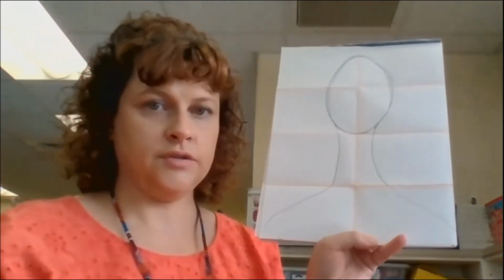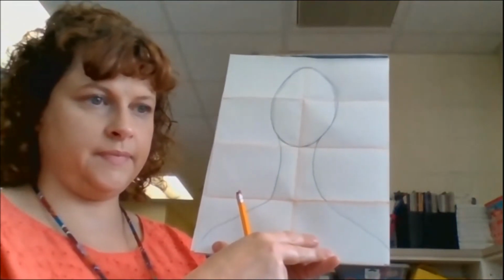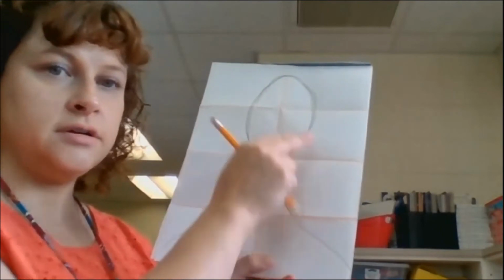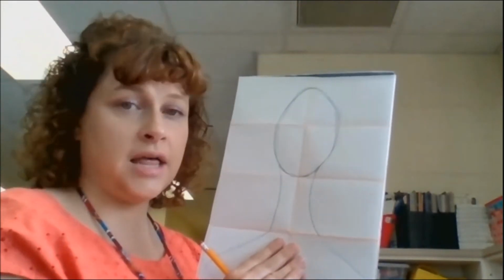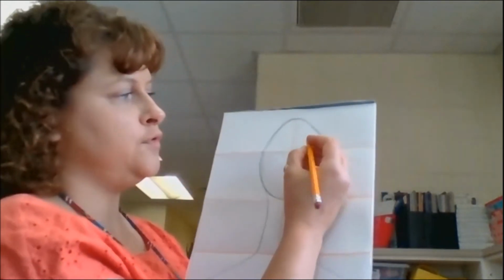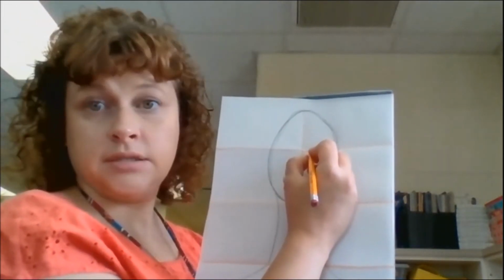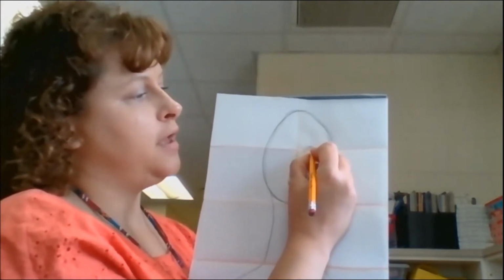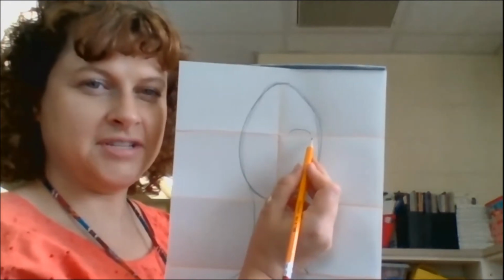Okay, so now you've got the head and the neck and the beginnings of the body. Now let's start talking about adding the facial features. So the eyes are a lot like masks, very simple football shapes. So think about drawing a frown on a sad face, okay? And draw that right on that orange, or that crease. You can see my orange line there.